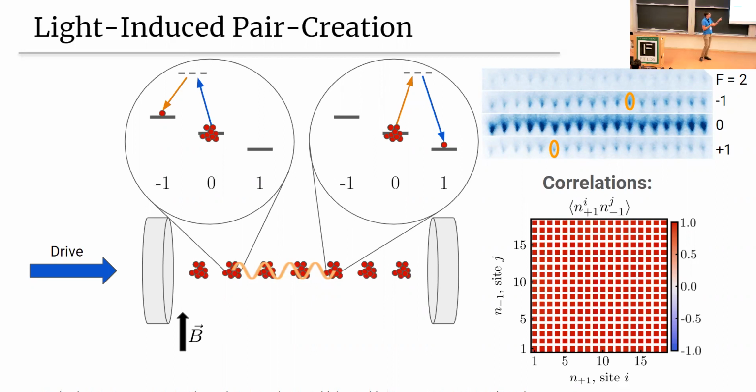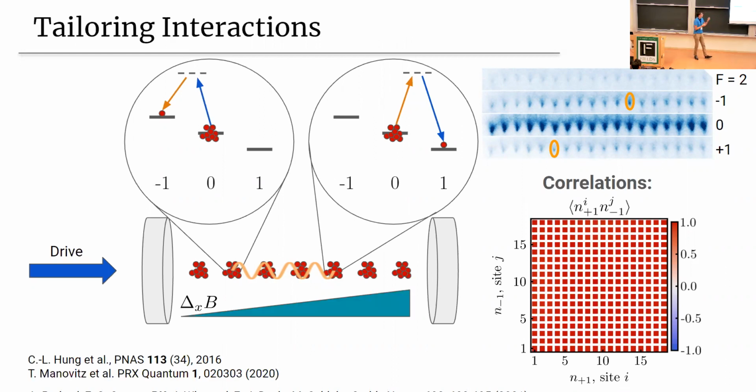And the first step for this is to trim down the all-to-all interaction to just a single site interaction. And the trick to do that is, if you, instead of using a homogeneous magnetic field, use a magnetic field gradient, then because this energy splitting here is magnetic field dependent, basically what it means is, if you go to a site that's different from your original site, this 4-photon process is off resonant.